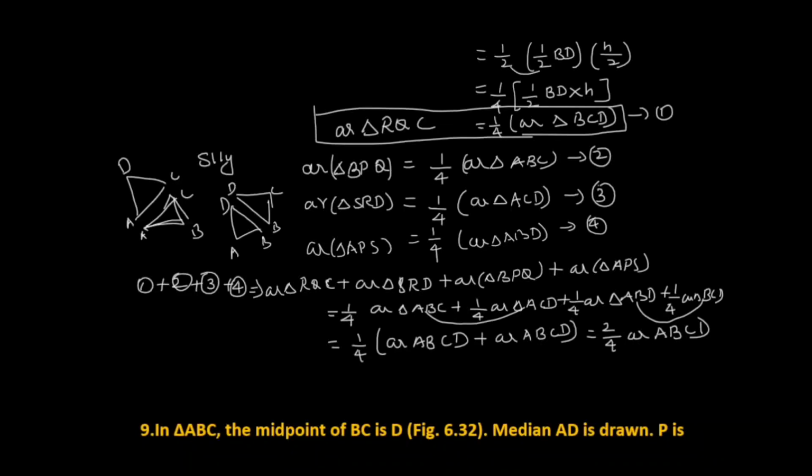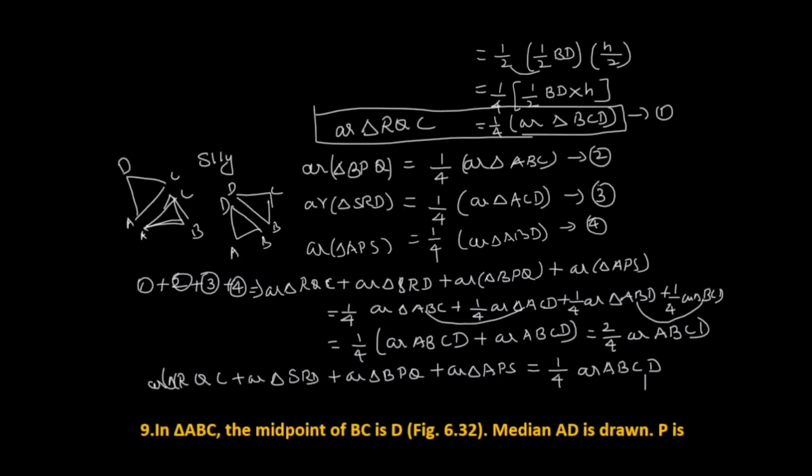When you cancel that, area of triangle RQC plus area of triangle SRD plus area of triangle BPQ plus area of triangle APS is equal to 1/4 of area of the quadrilateral ABCD.